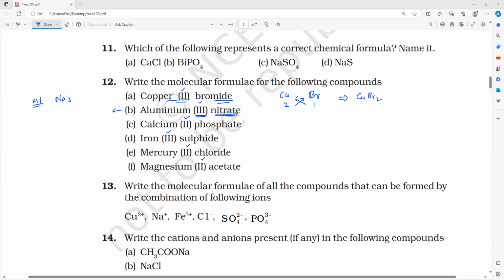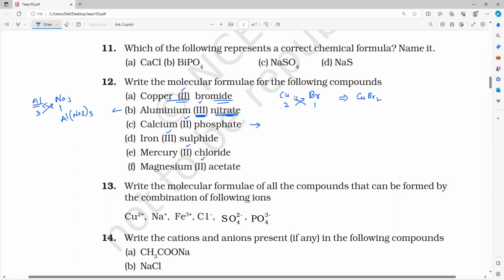So aluminium is 3, nitrate 1. If you do the crisscross method, what formula will come? Al(NO3)3. Understand?